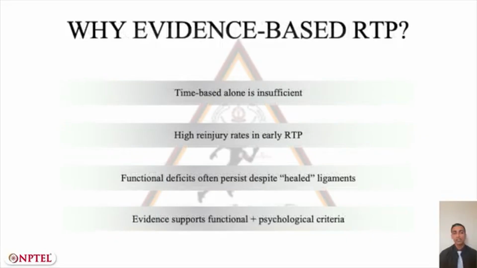Historically, athletes were cleared to return after a fixed time. They were cleared to compete as and when they were able to achieve complete range of motion and were ambulatory. But studies show that many still had deficits in strength and control at that point, and many were still not fit to compete or fit to participate in the sport of their choice.